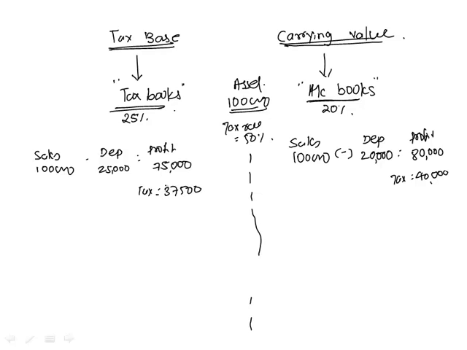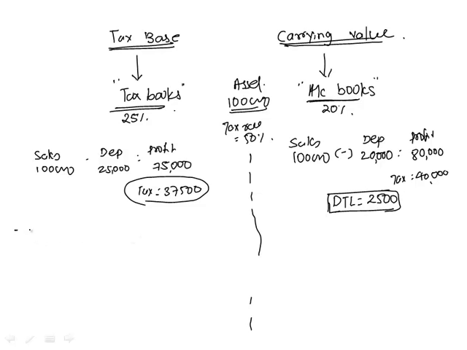The tax books, which is how much? 37,500. But your accounts book are asking you to pay 40, you are paying 37,500. Are we paying more or less? Less. And if you're paying less, it has to be a deferred tax liability. So we have a deferred tax liability of how much? 2,500. Up to this we are fine.